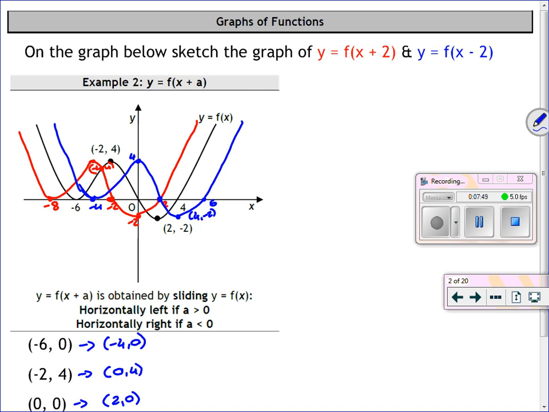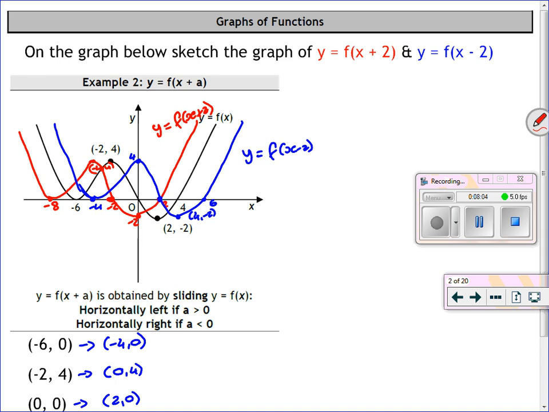And that's the graph of y is equal to f of x minus 2. And in red we had the graph of y is equal to f of x plus 2.